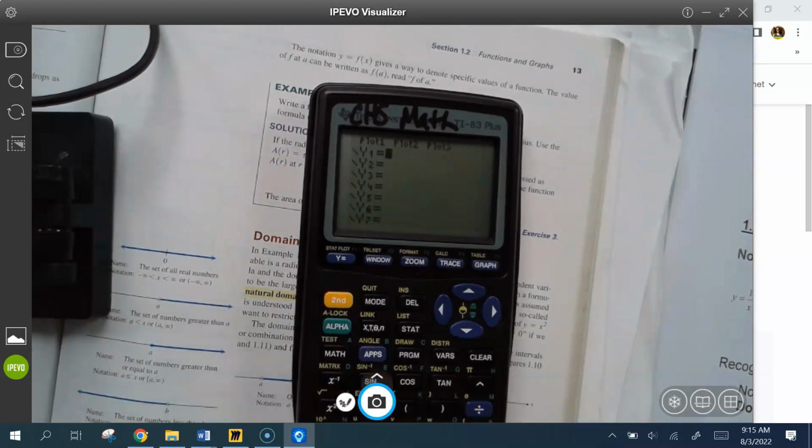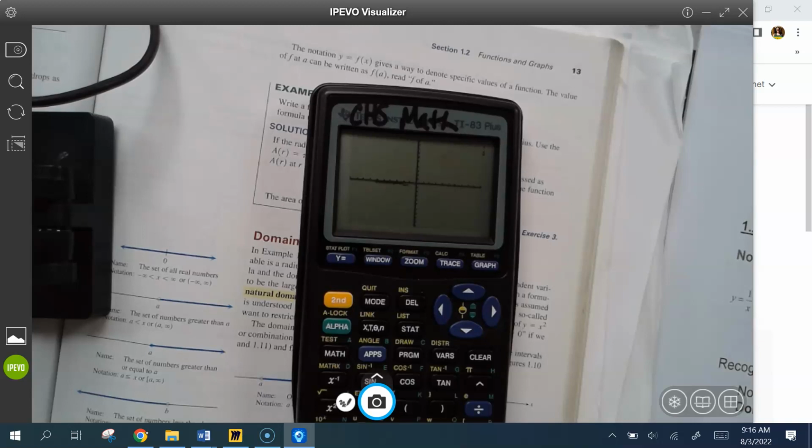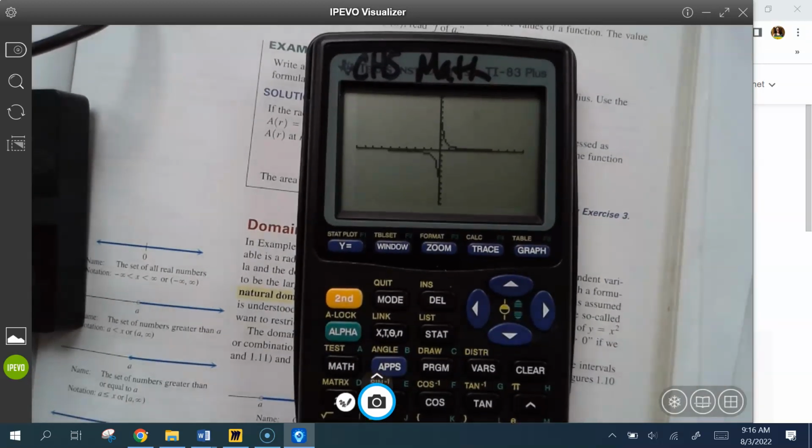All right, 1 over x. I'm going to do a standard Zoom 6. Make sure you know what your asymptotes look like on your calculator. They have the vertical and the horizontal asymptotes there: x equals 0 and y equals 0. So that's good.